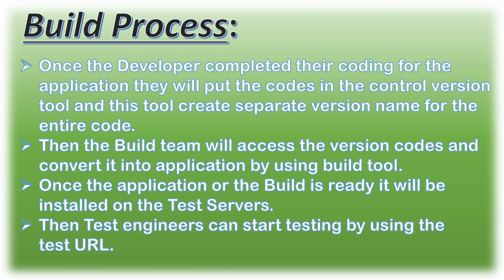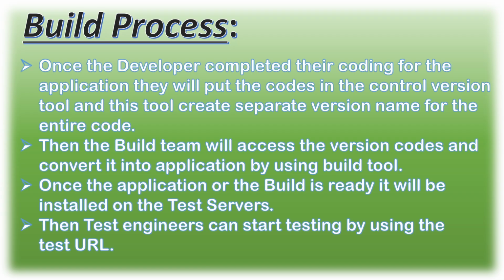All right. So suppose we are in a sprint, or in the middle of our development process. Suppose our development team has created some code, and they have developed the build, or you can say they developed some code.